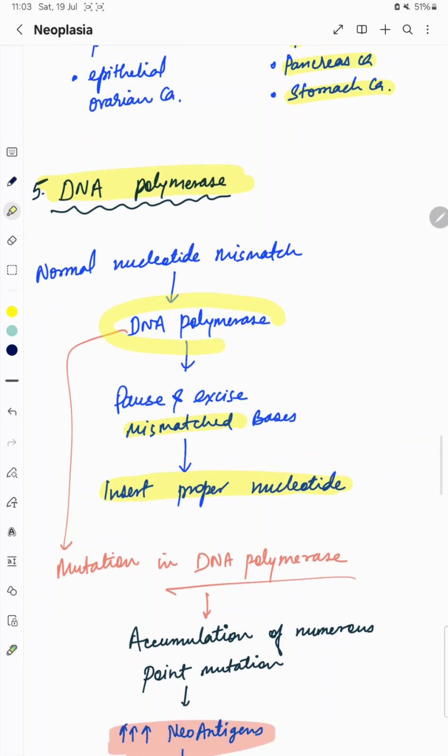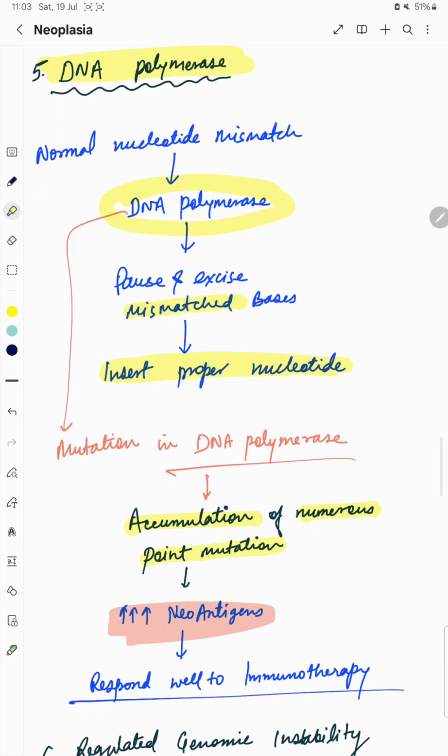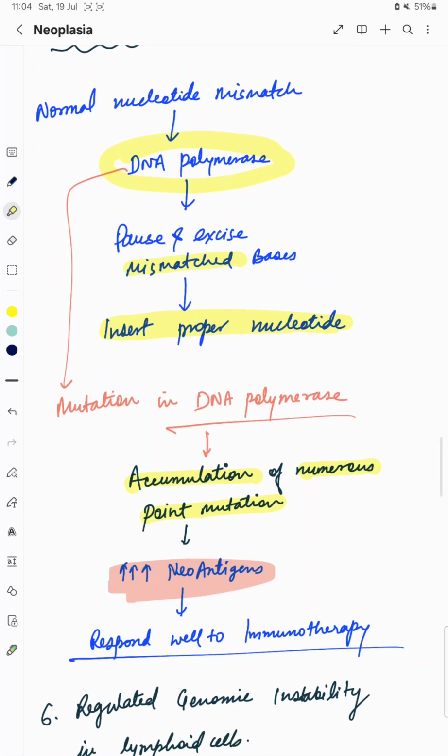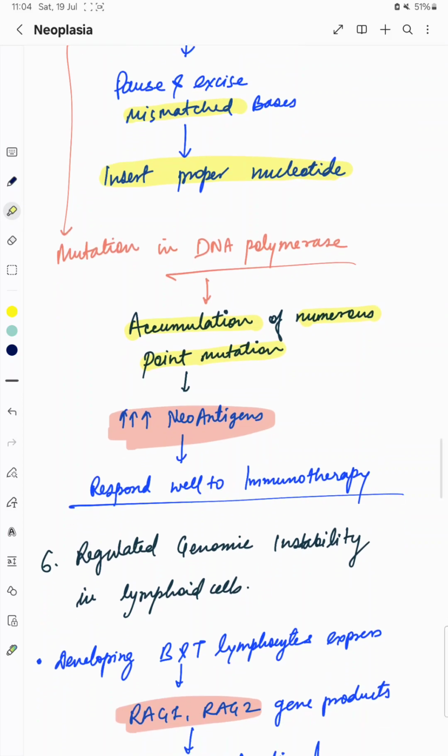Whenever there is mutation of this DNA polymerase, this will result in the accumulation of numerous point mutations and increased expression of numerous neoantigens. These high neoantigen tumors respond well to immunotherapy. Immunotherapy is a newer treatment modality in cancer treatment.